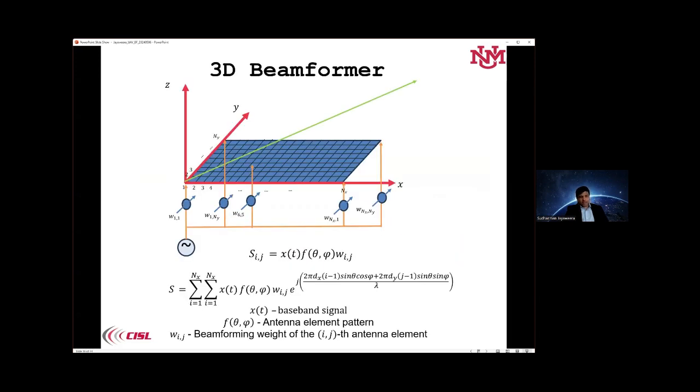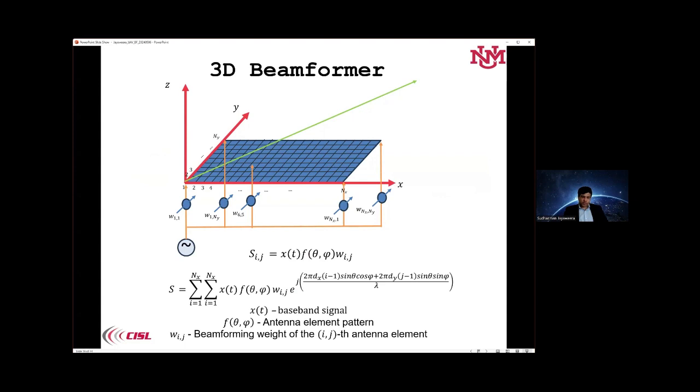Now, how does the 3D beamformer work? Essentially, now you're going to combine the signals after weighting them in both horizontal and vertical directions, so X and Y direction. If you assume the antenna array lies on the XY plane, as you can see, the signal you can write as the baseband signal multiplied by the antenna element radiation pattern, which is F of theta, phi, and some weight vector Wij.